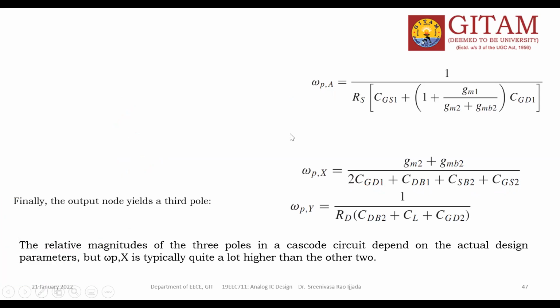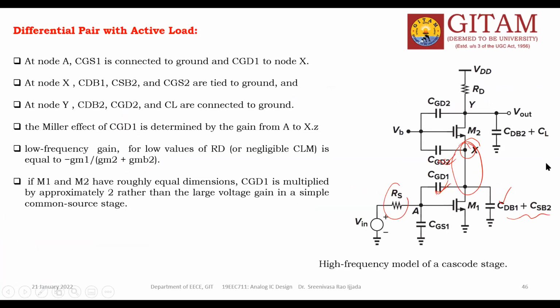I hope you understand. This is node A and this is node X. At node A, the resistance RS is associated with the node and the capacitance CGS1 is directly available. One more capacitor is CGD1. Whenever you apply the Miller theorem for this one, one capacitor will come to this point, this side. What is that capacitor value?